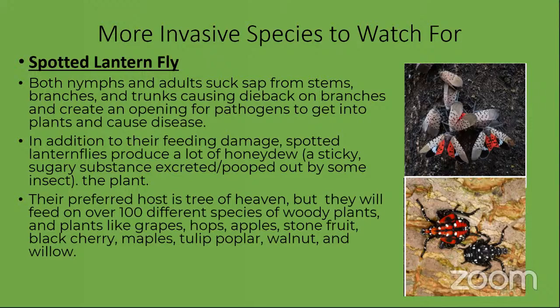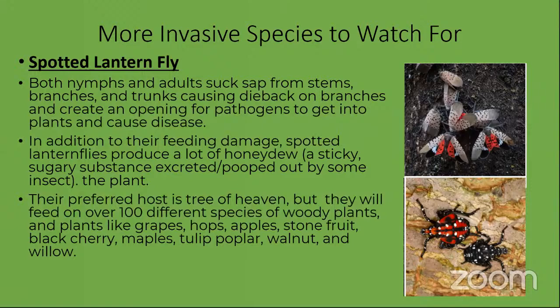They produce a lot of sticky excrement called honeydew. Aphids sometimes do this too. And this in turn then is a host for black sooty mold. So you might see your plants starting to be covered by this black kind of powdery looking stuff that doesn't really come off when you shake it.